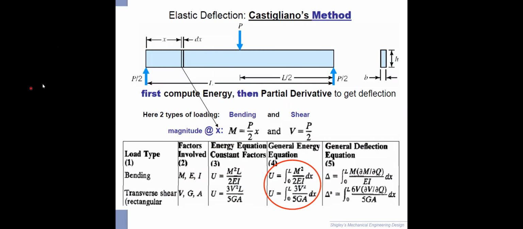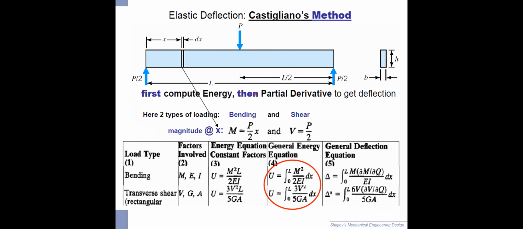Okay, so this is one example for Castigliano's theory. Suppose we have the beam with the central loading P, and this cross section is rectangular with the dimension B times H. First compute the energy and then take the partial derivative to get the deflection.